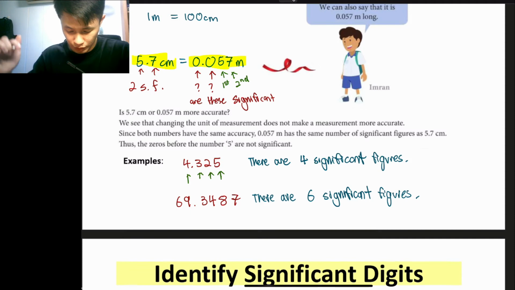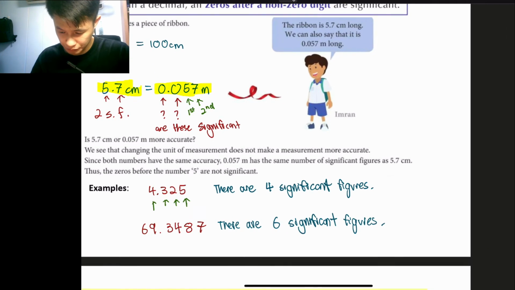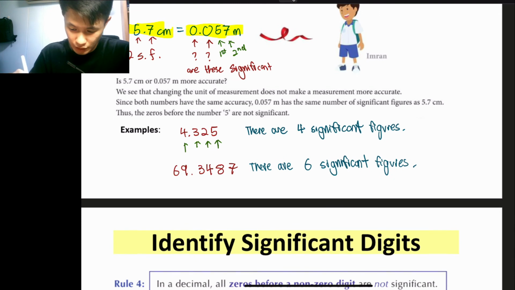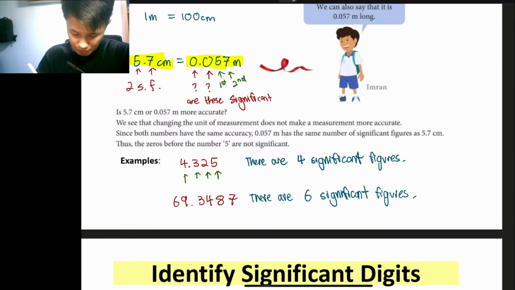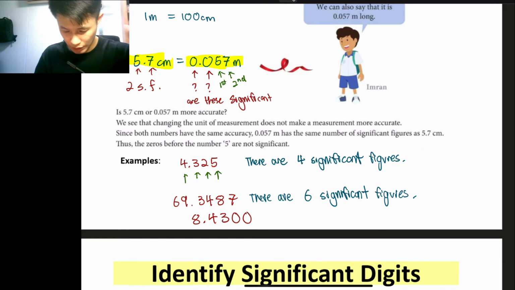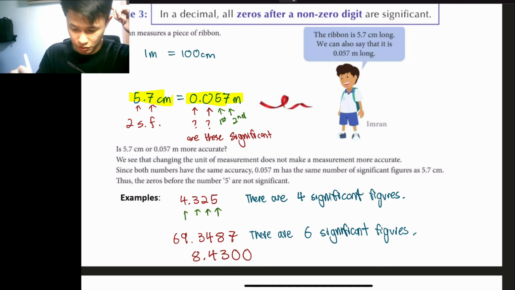Oh, I forgot to bring up one example. So let's do it here. One of the examples I have is maybe 8.4300. Based on this rule, all zeros after a non-zero digit in a decimal are significant.